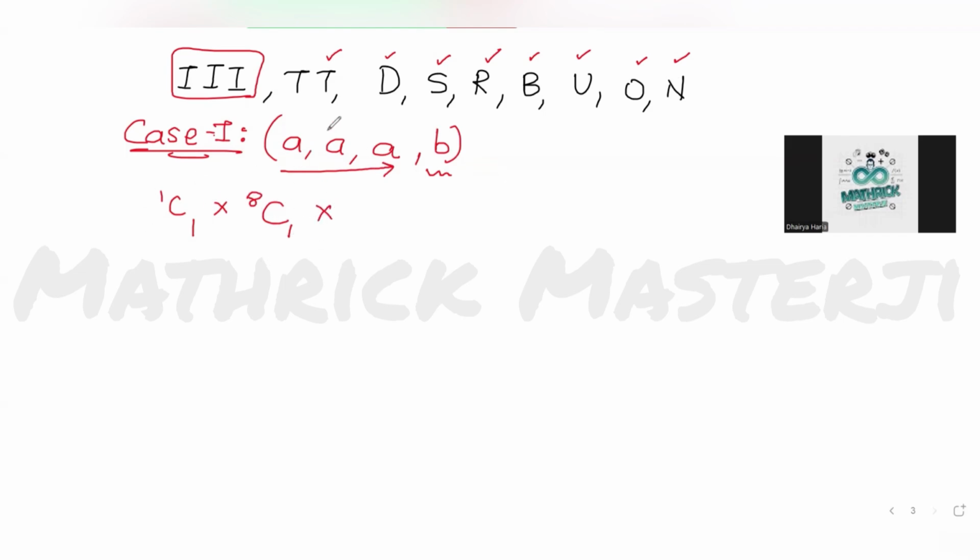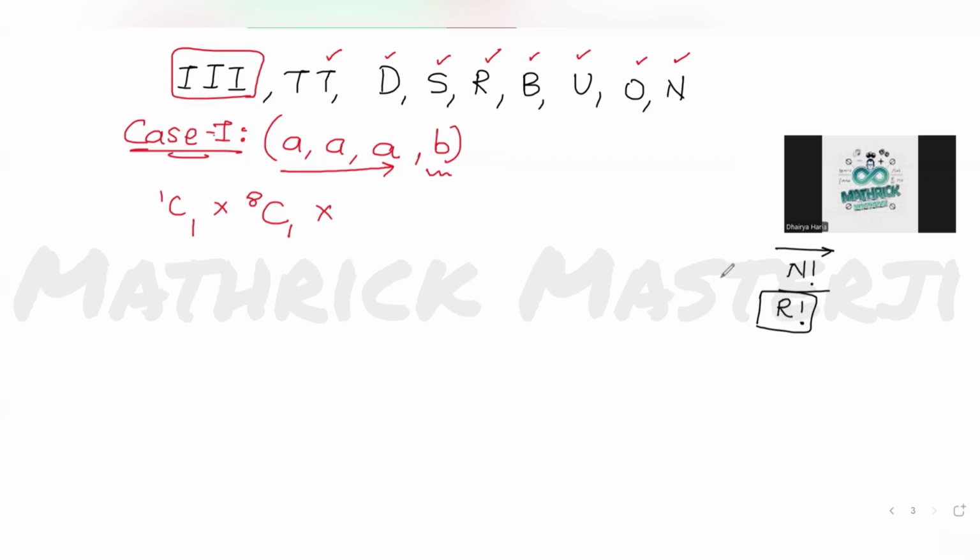And then once I have chosen the 4 letters, we have to use the concept that n letters can be arranged in a straight line in n factorial ways. Then I have to divide by the factorial of the number of times any individual letter is repeating.